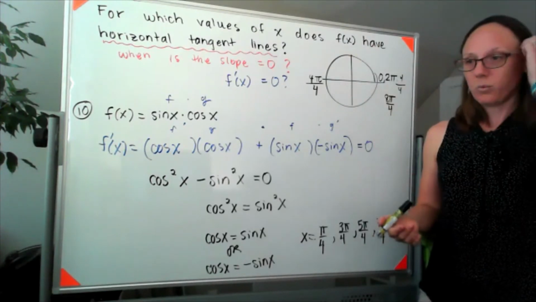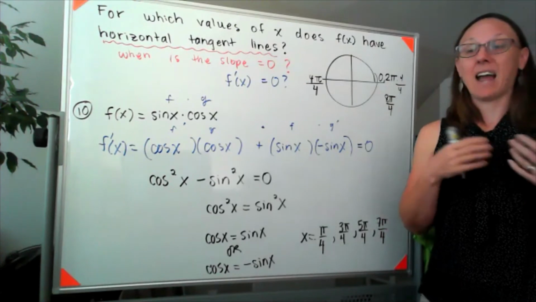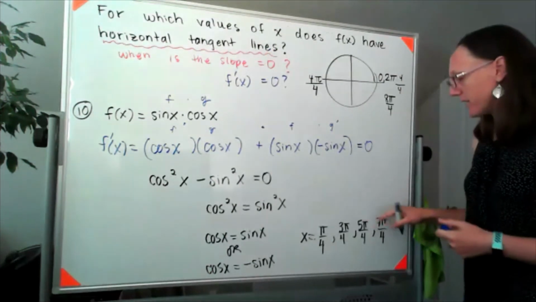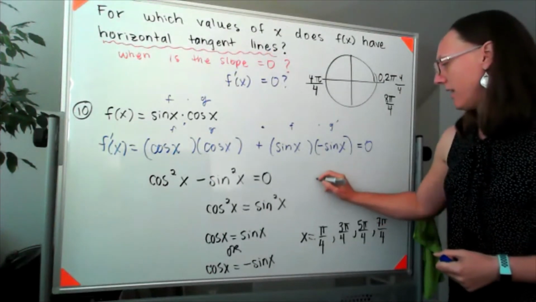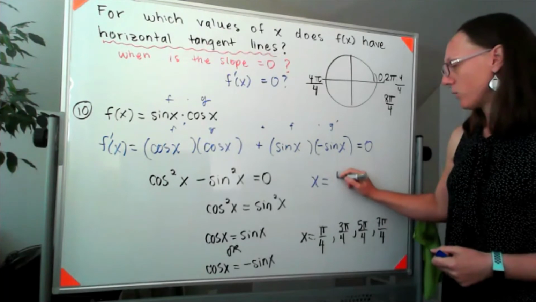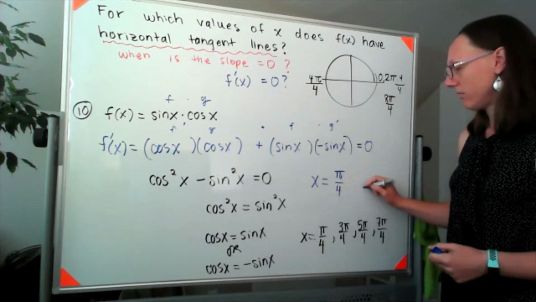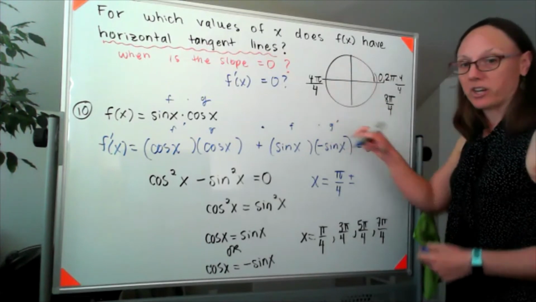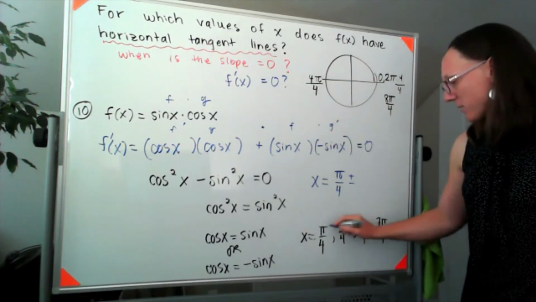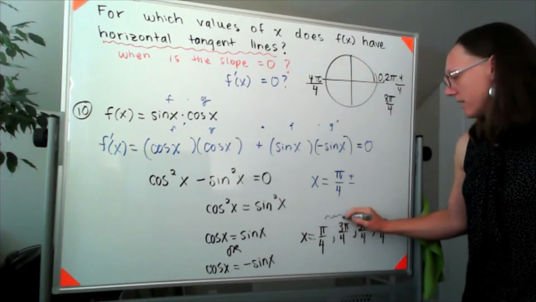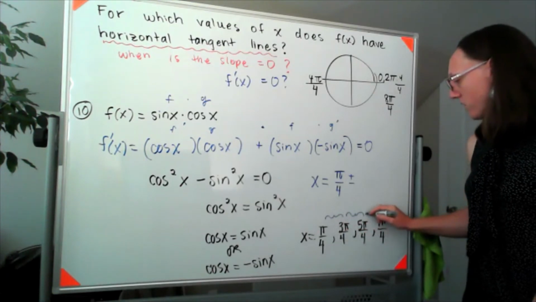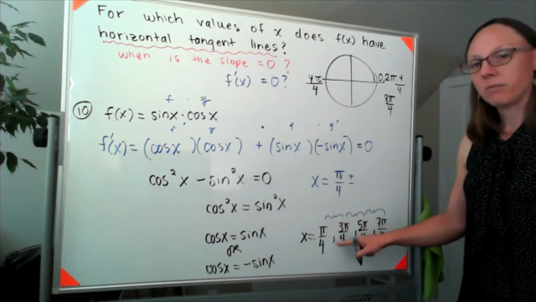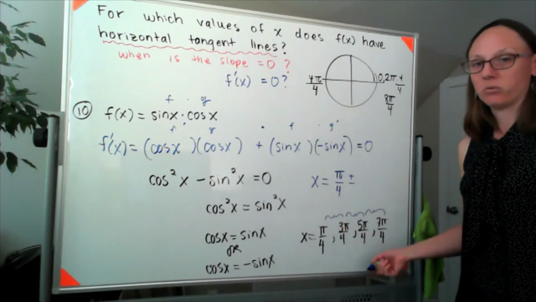So one of the ways that we sometimes write the entire set of answers would be to do something like x is equal to pi over 4 plus or minus, because we can go in either direction, and the distance between each of these points, each of these are incrementing by 2 pi over 4 or pi over 2.